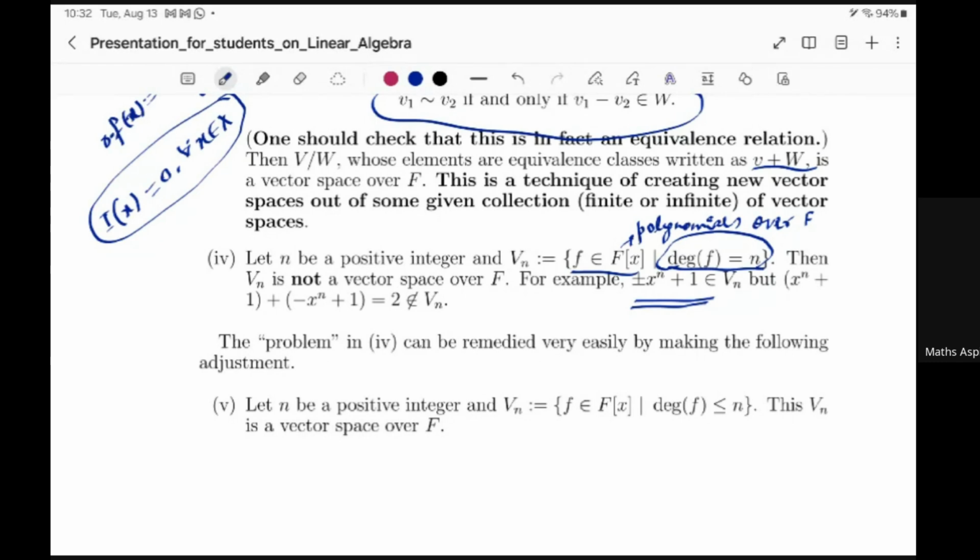That will get rid of the problem that things can collapse into a smaller degree polynomial. Since you're including all the smaller degree polynomials, the result will always be inside V_n. So if you improve your definition and consider all the polynomials with degree at most n, then this will be a vector space over the field F.